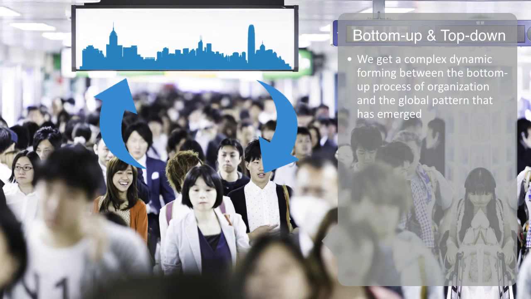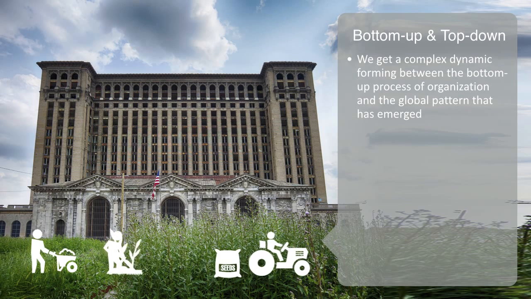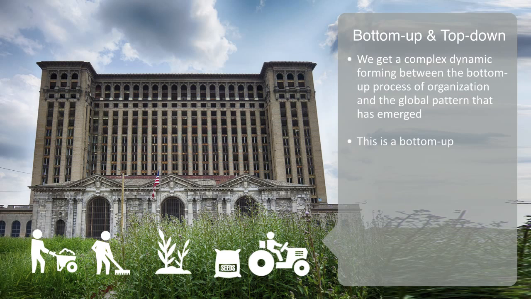As an example of this, we might think about the phenomena of urban gardening in Detroit, USA, where due to a mass exodus of people, there's a significant amount of unused land within the city, and locals have moved in to start small garden farms on these open spaces. This is a bottom-up, self-organizing process where people are simply reacting to local phenomena.